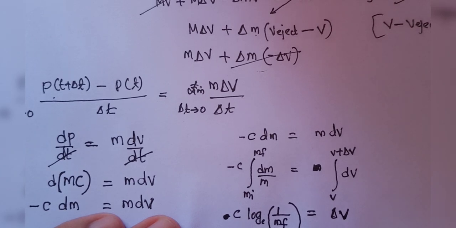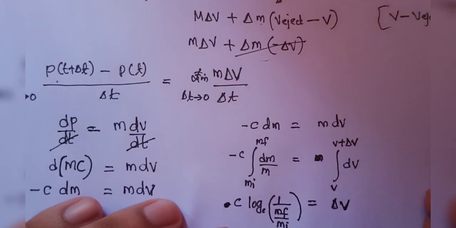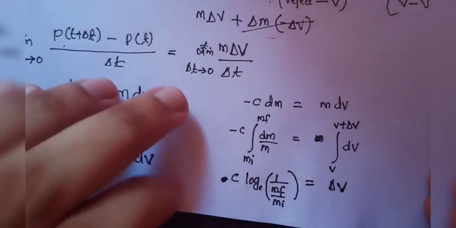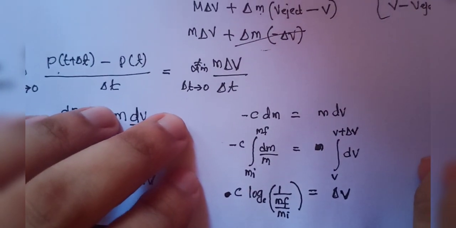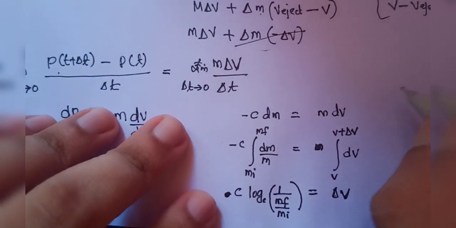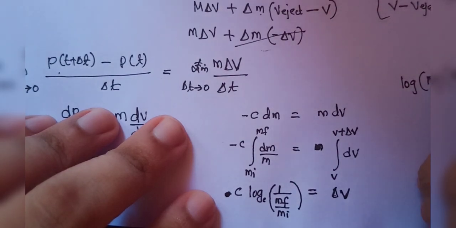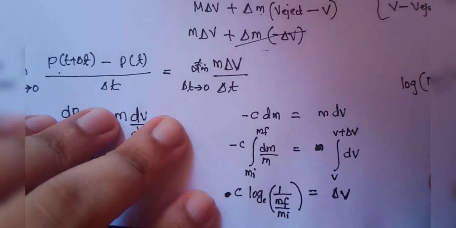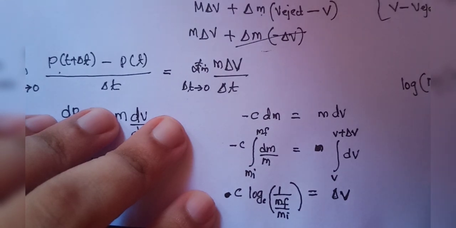If you still have confusion in this step, I can show it for you, but it's a bit basic, so you'll be able to know it. The integral of dm by m is log of mf minus log of mi.